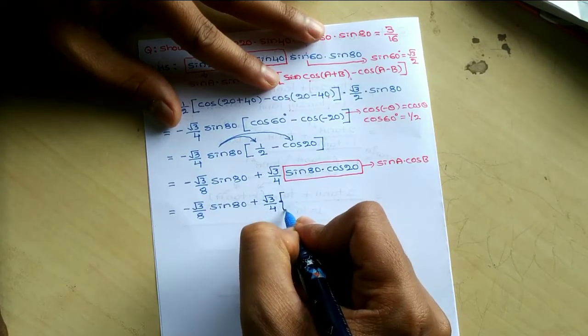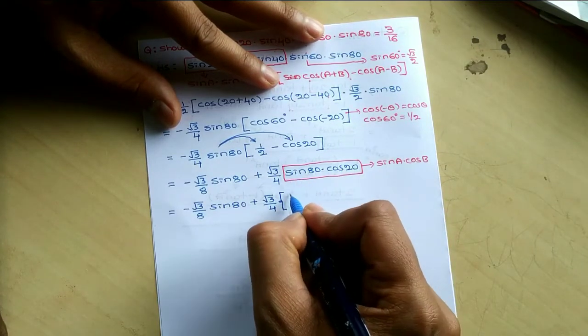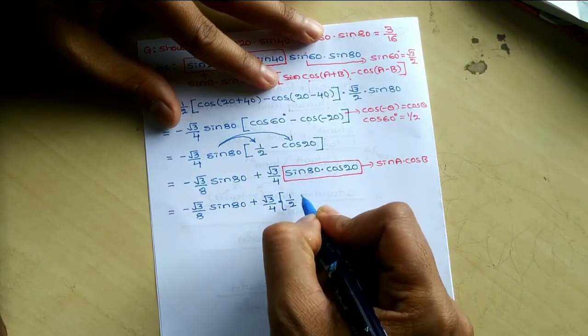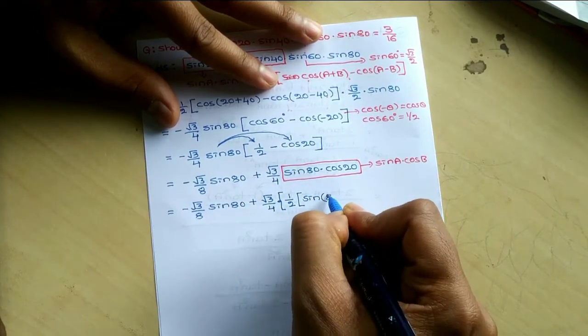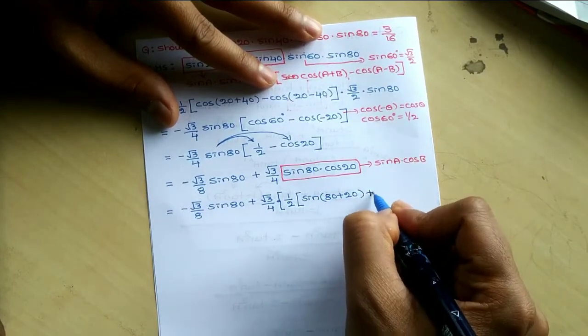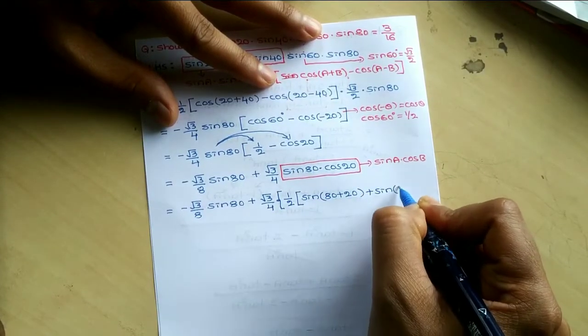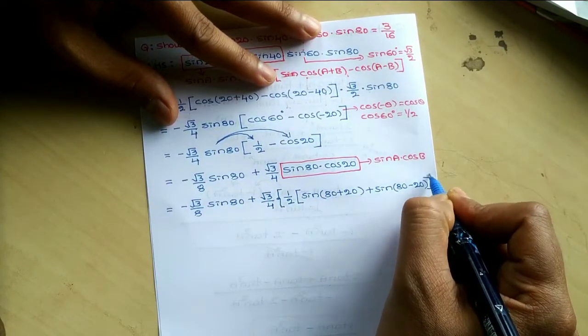Again in bracket apply the sin A into cos B formula, that is 1 divided by 2 into sin A plus B, 80 plus 20, okay, plus sin A minus B, 80 minus 20. Close the bracket.